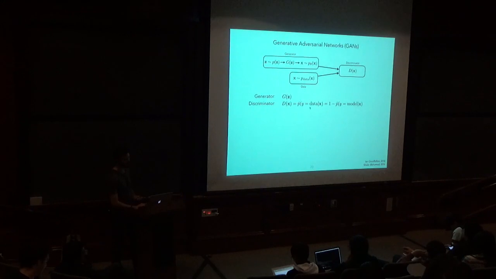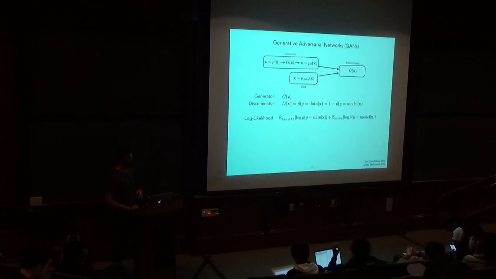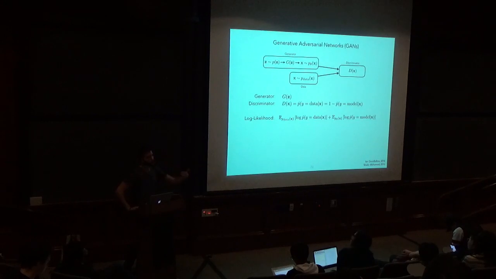So it's what is the probability that it's the data for this example versus 1 minus that is 1 minus the model. And what we're going to do is try to evaluate what is the likelihood. So essentially evaluating what is the classification performance here.